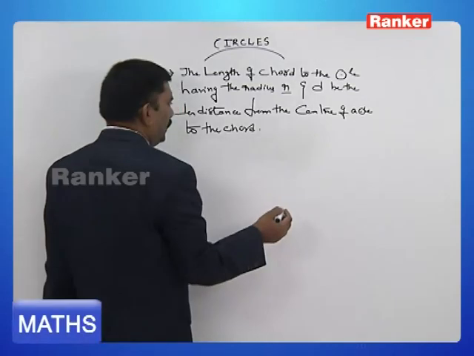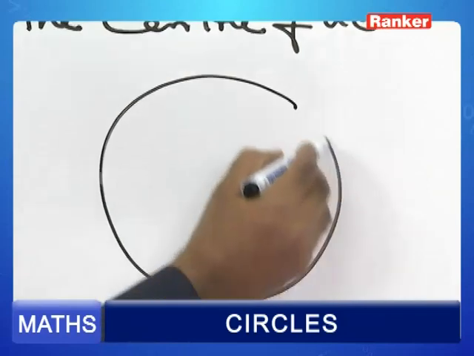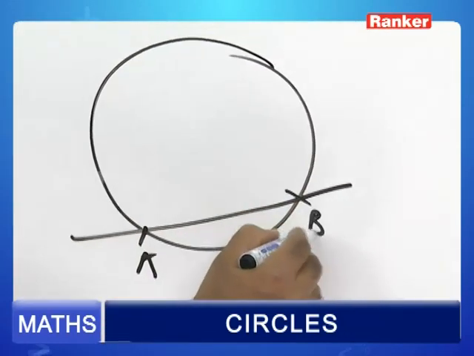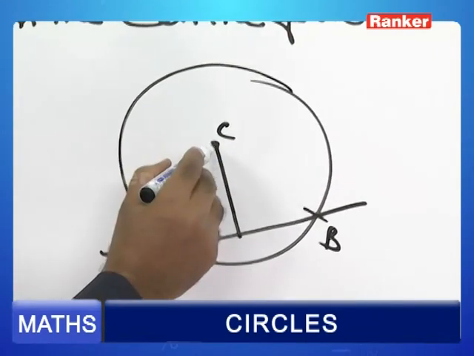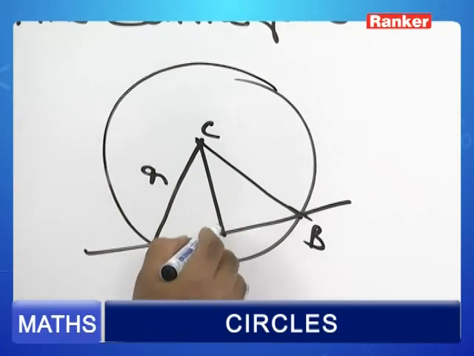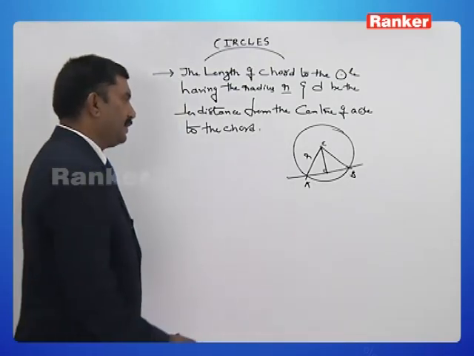Now let us consider the figure. This is A, this is B, this is the center. This is a radius and this is also a radius. This will always be a perpendicular bisector.